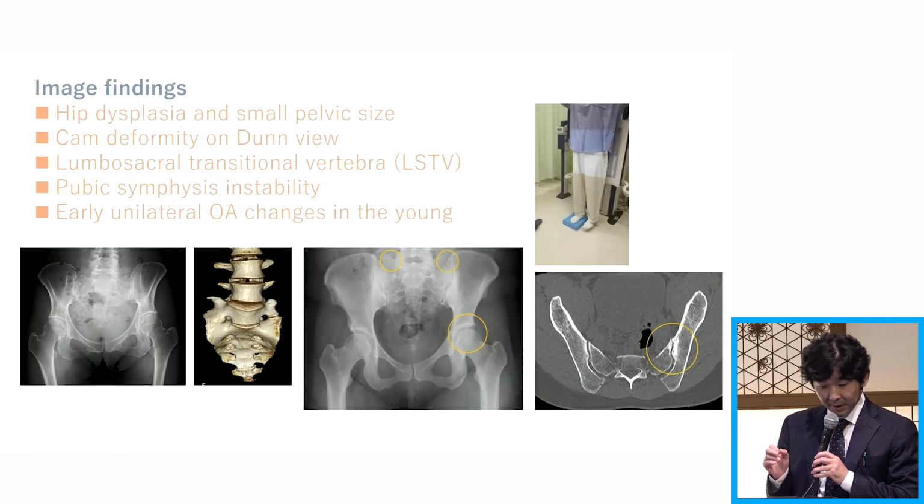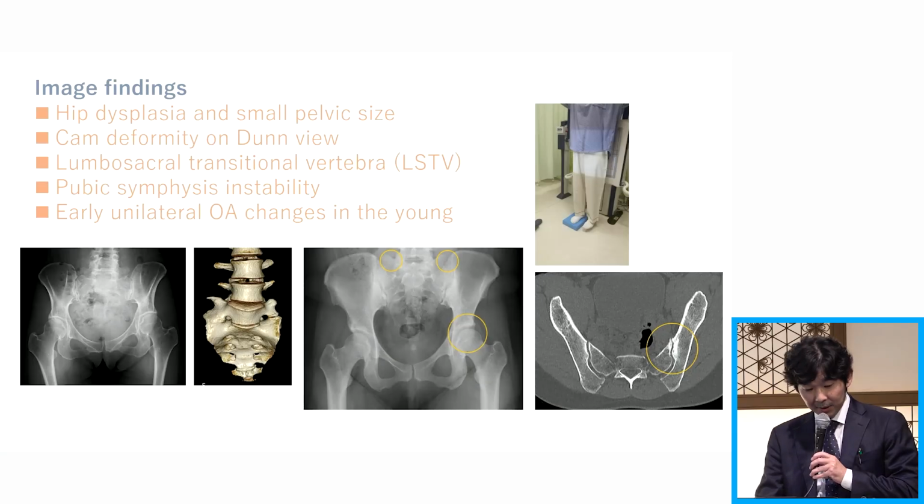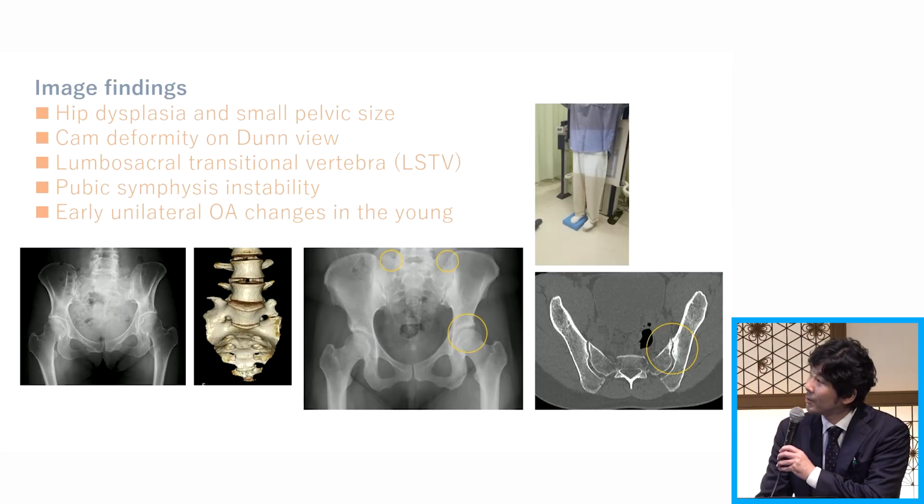So regarding the image findings, I check the hip dysplasia, including the small size of pelvic parts. In this patient, there are no arrows.